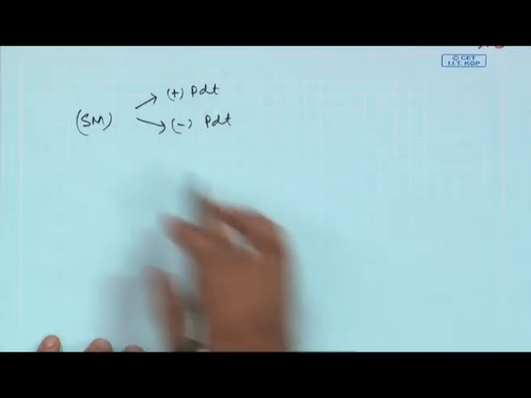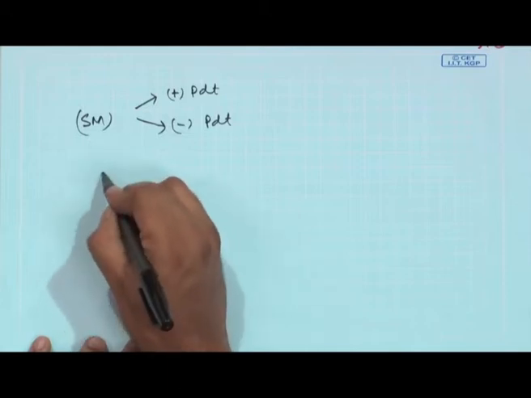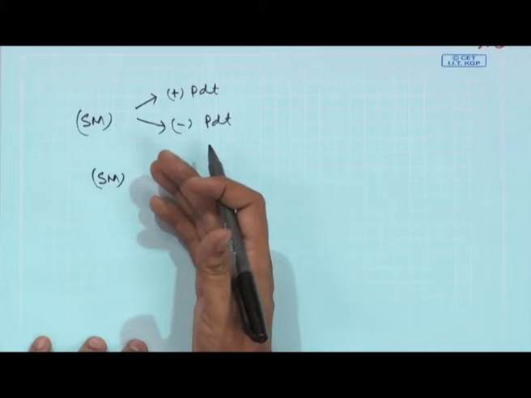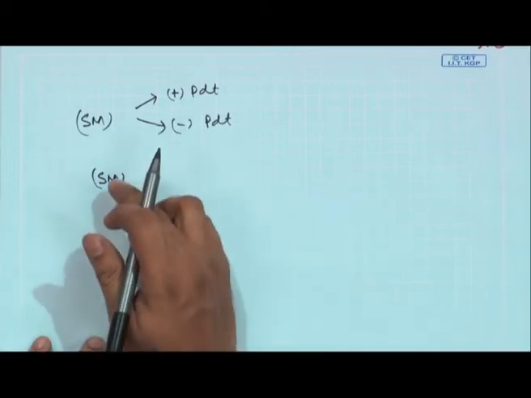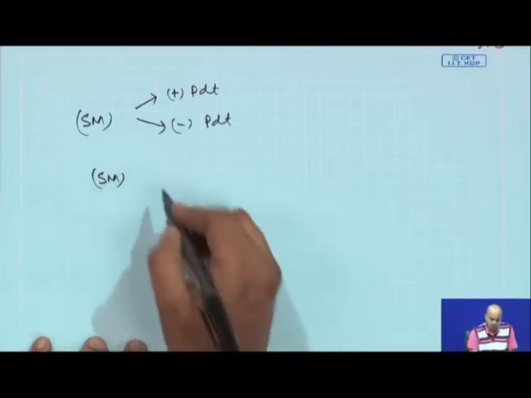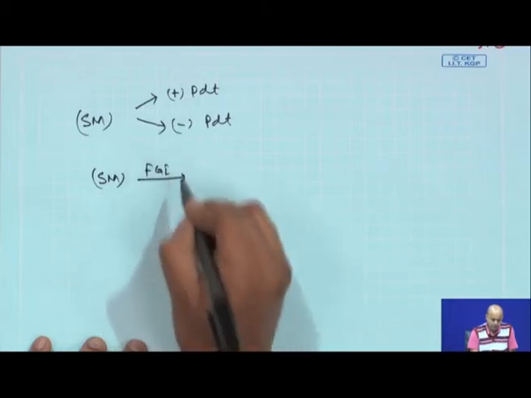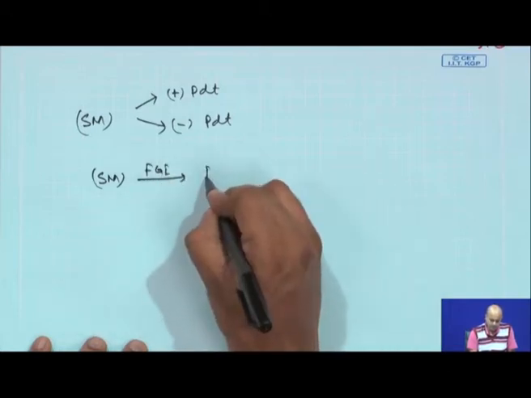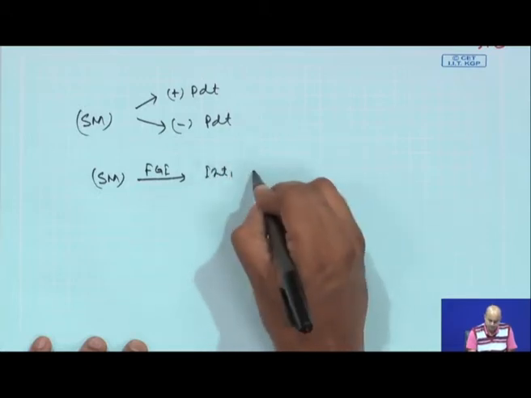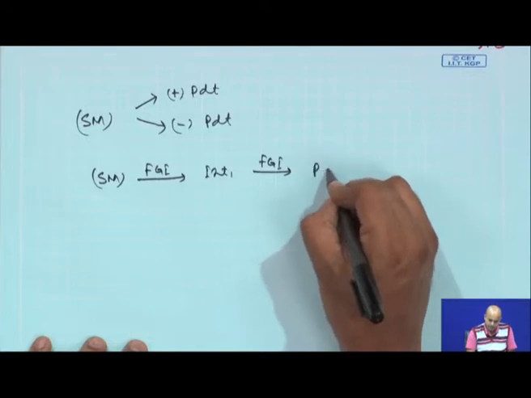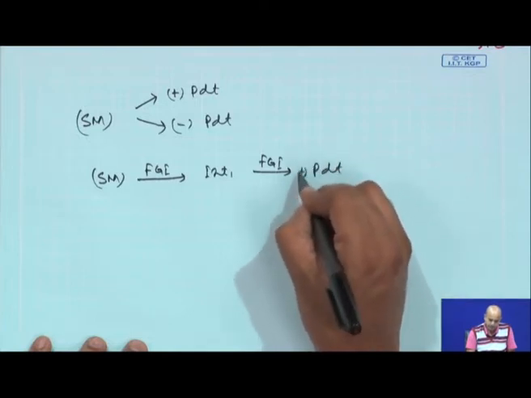Usually, what is done is you take the starting material, which could be prochiral or achiral, but as we are talking about desymmetrization, it could be prochiral. You do an FGI, you get some intermediate 1, you do another FGI, you get the product. Let us say you get a plus product.